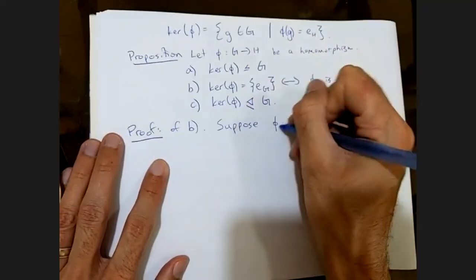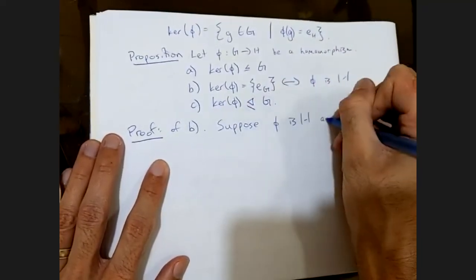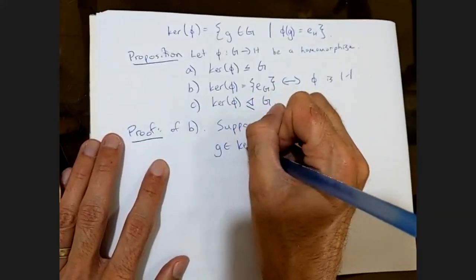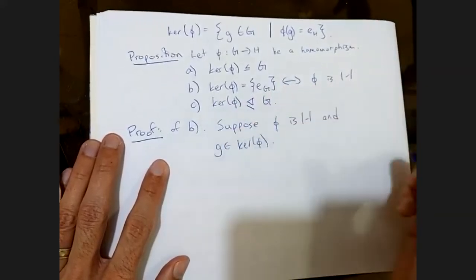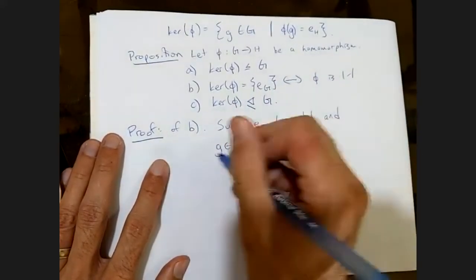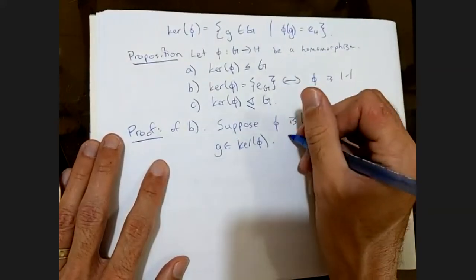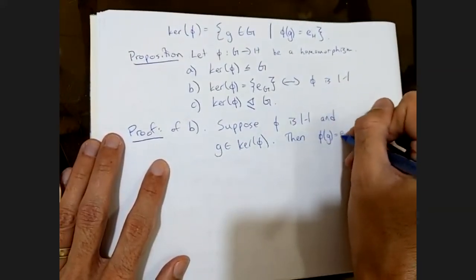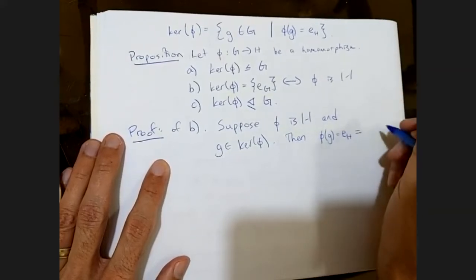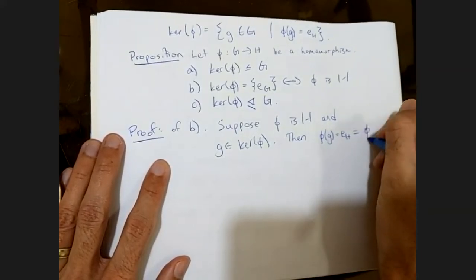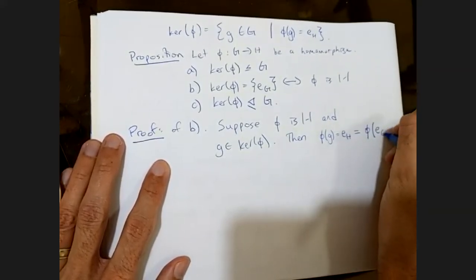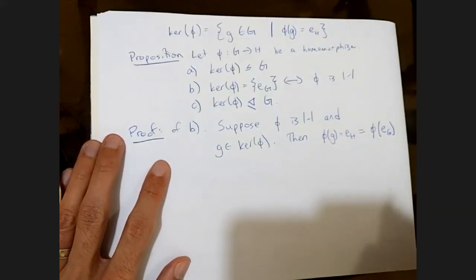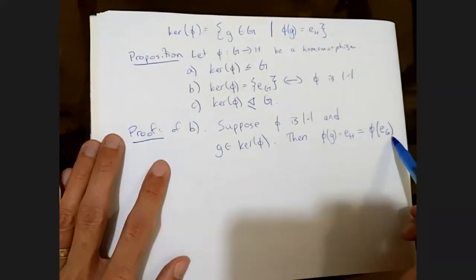Suppose phi is 1-to-1 and g is in the kernel of phi. Now the kernel of phi is all the things such that phi of g equals the identity. And we know that a homomorphism sends the identity of G to the identity of H. Now phi of g equals phi of the identity.